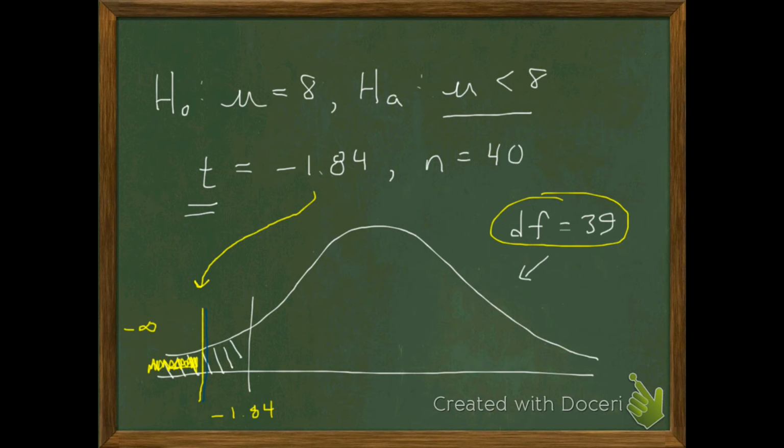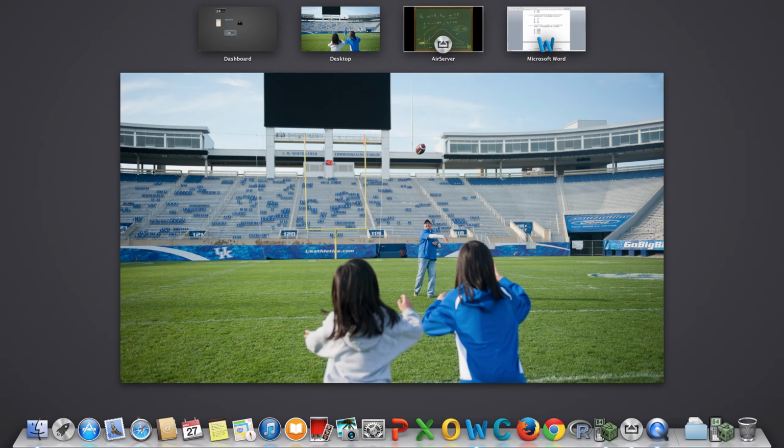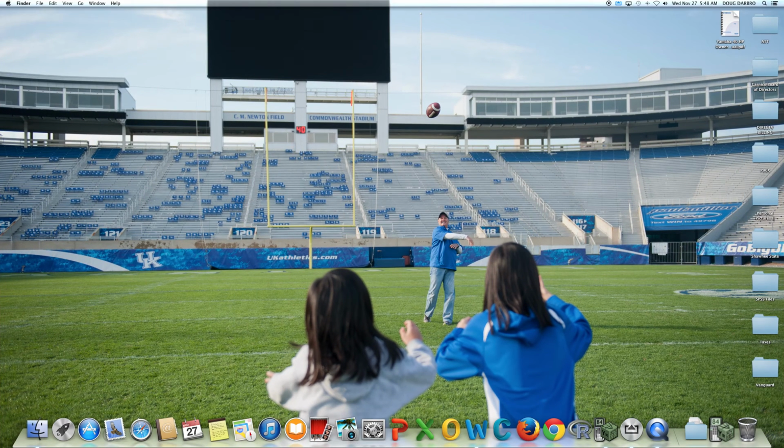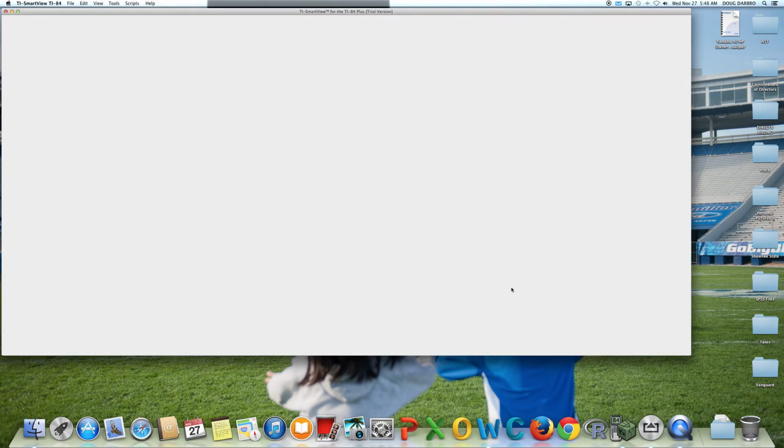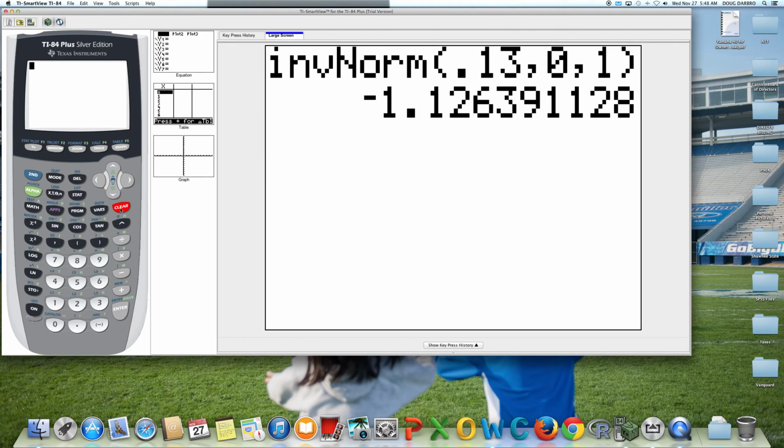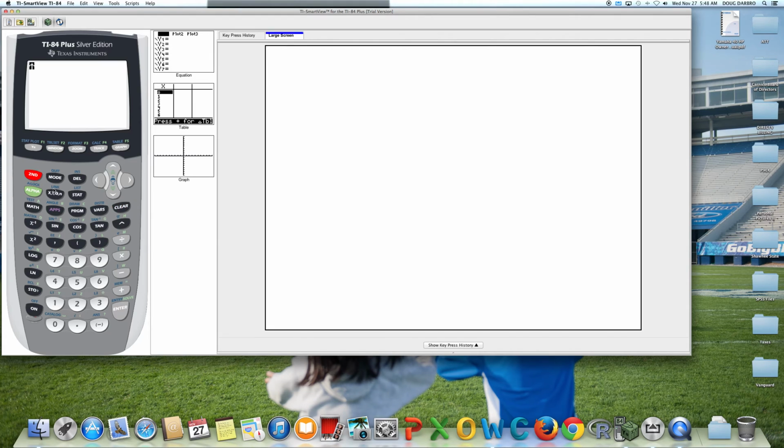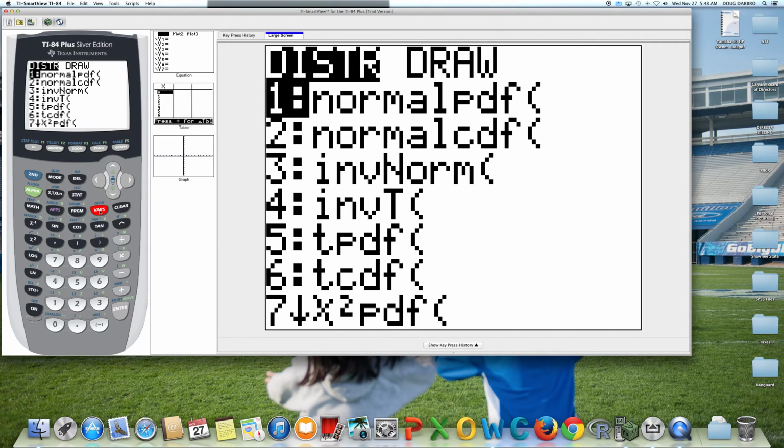Well, hopefully we know by now that to do that, the easiest way is to use the calculator. You could also use calculus, but we don't want to go there. So gang, let's go second function distribution. And I need to come down to TCDF.